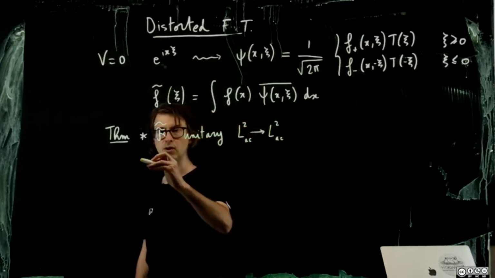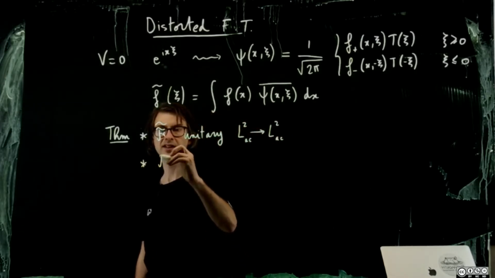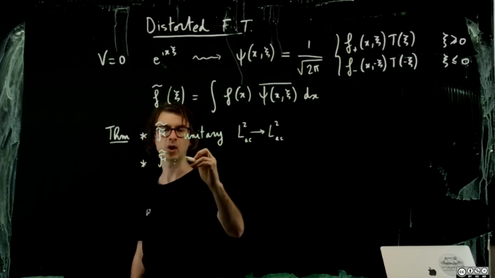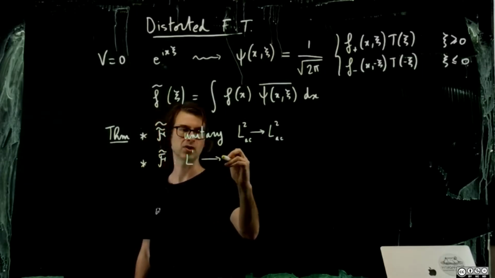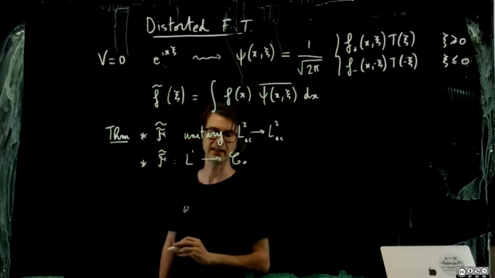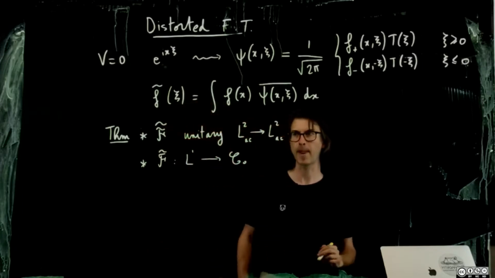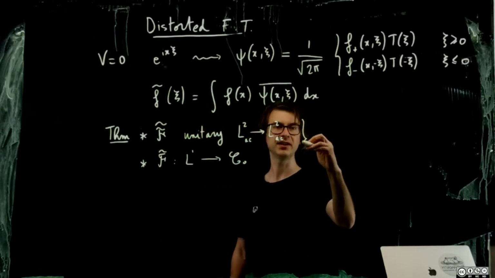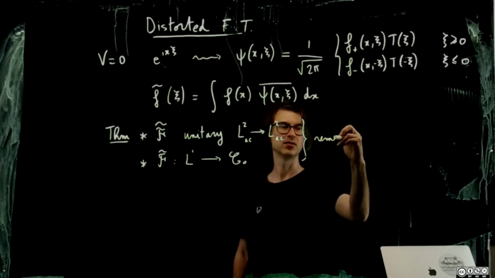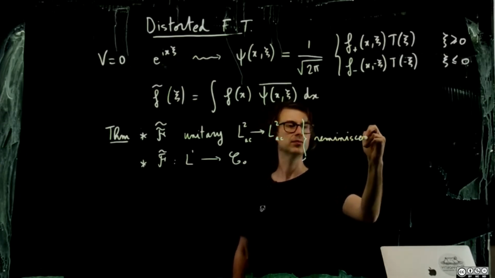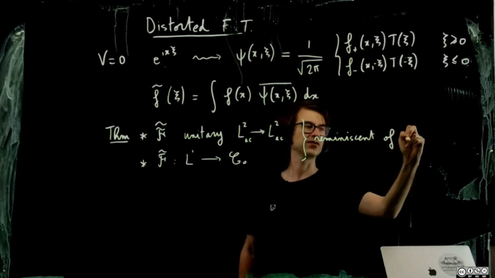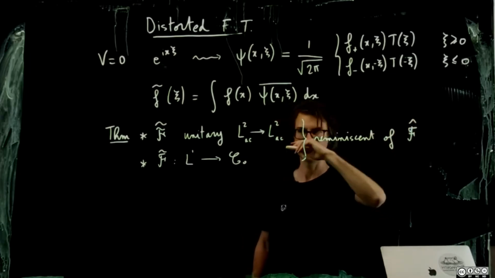Okay, so f tilde also maps L1 functions to continuous functions that decay at infinity. So this is very reminiscent of the flat Fourier transform, right?